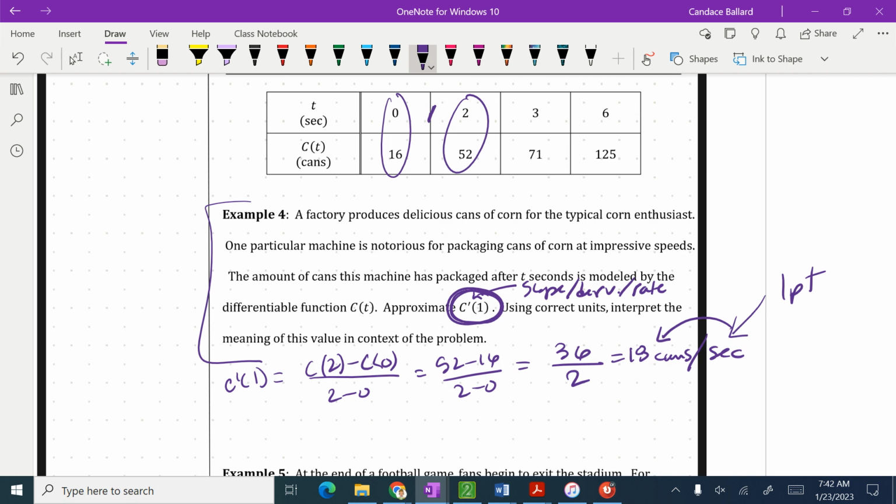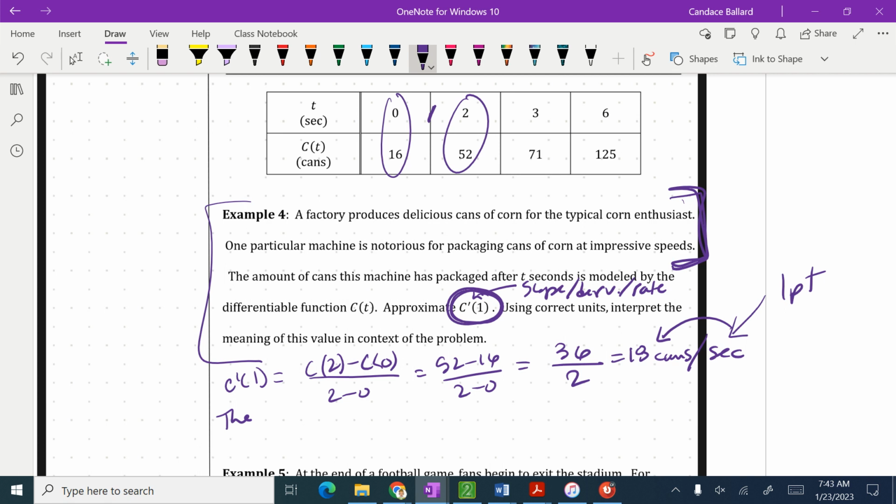All right. So what is the noun of the problem? What's going on in here? What do these first 2 sentences give us? How fast they're making cans of corn, right? So how fast it's being packaged. You can write slightly different nouns as long as you get the meaning right.